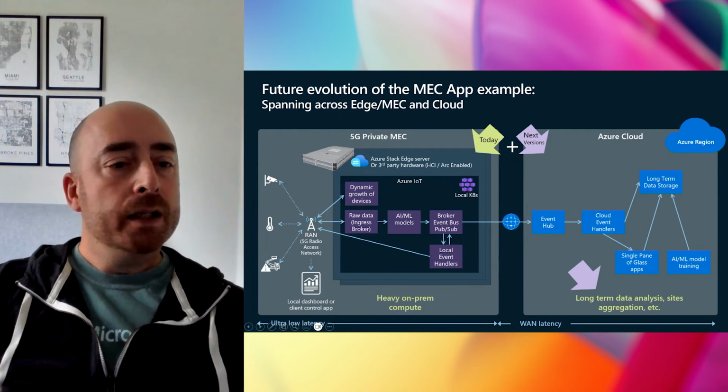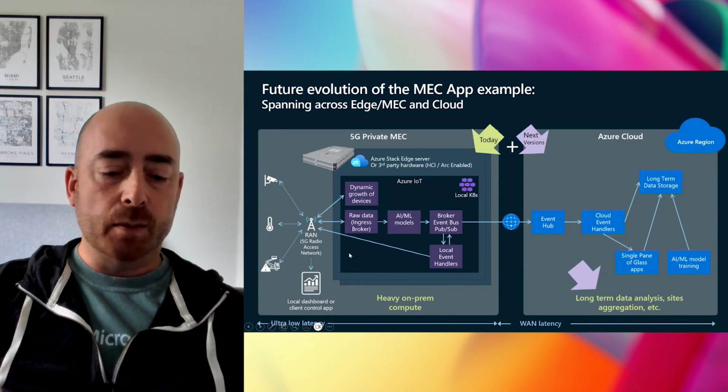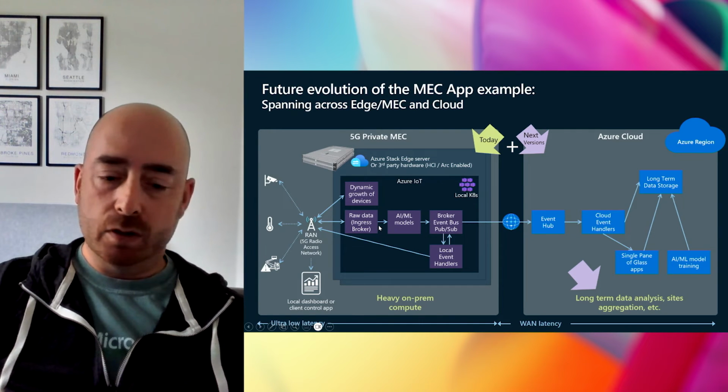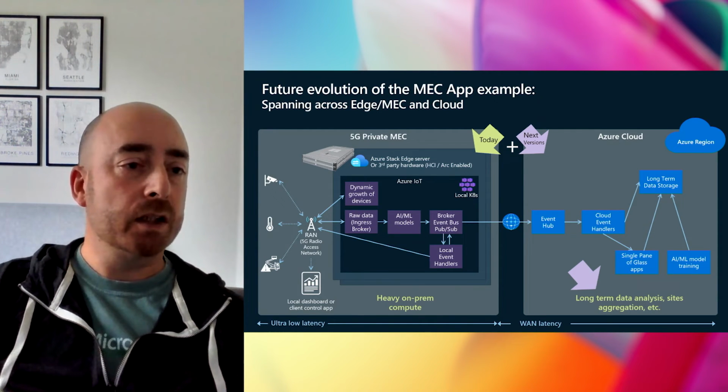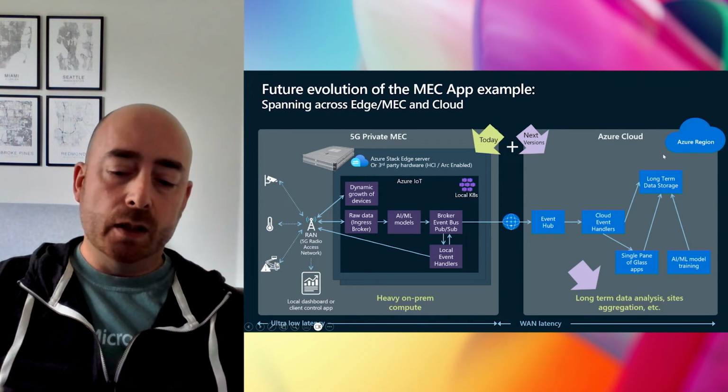So in this application, as I was saying, we have this application running at the edge, or MEC, or multi-access edge compute. In the future, we could also extend it to the cloud.